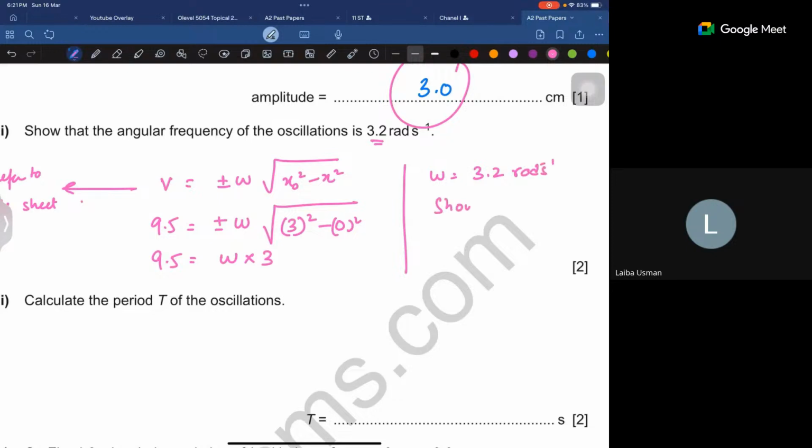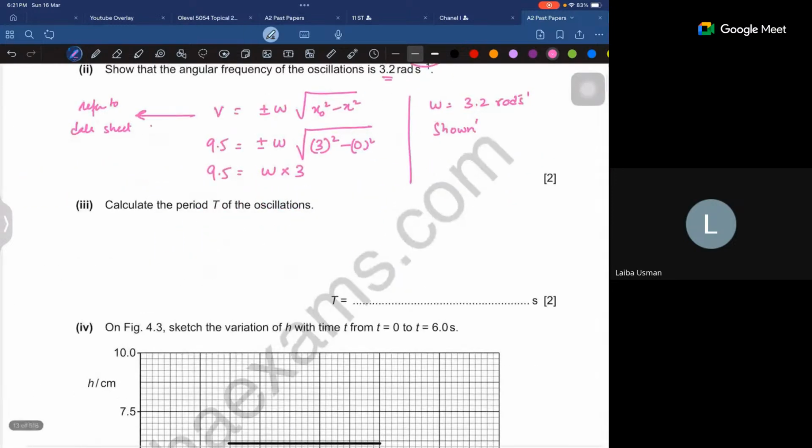So shown. That's how it's going to be. Then it says calculate the period of oscillation. We already know it's 2 pi by T. So for this, we're going to use 3.2 and find out.